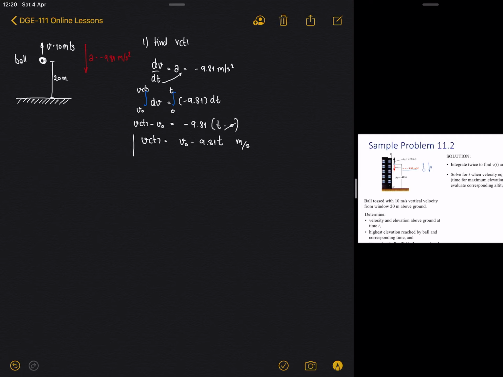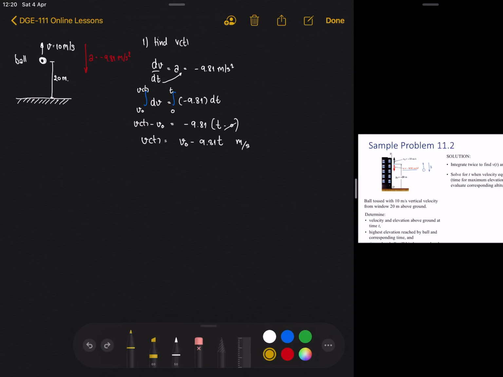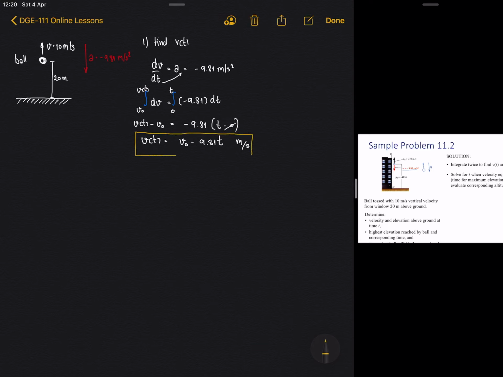So all right, here is our relationship for the velocity.